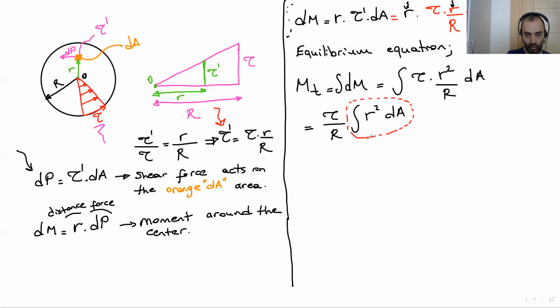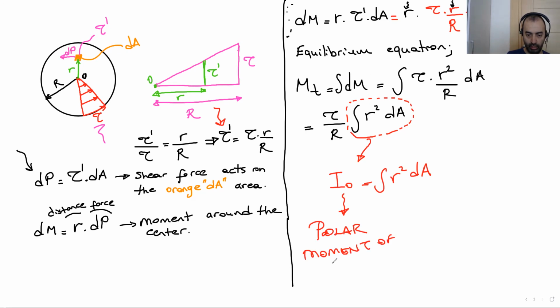Let's write the equation here. So here is I0. This is the polar moment of inertia. Okay, polar moment of inertia.